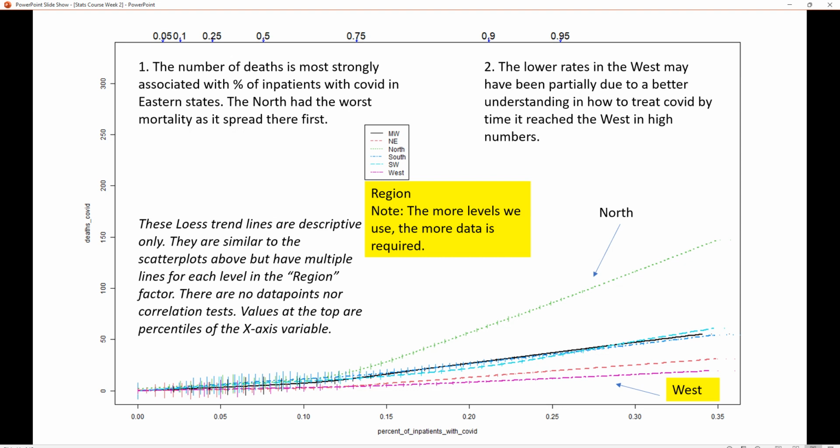So we know time's important. If we split up the data based on state and then separate it by time, we get less and less power in each of these levels for each of these different time points. So for this, I'm just looking at regions, and because we're looking at time, I may continue to look at it this way.